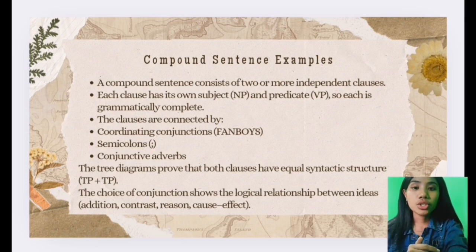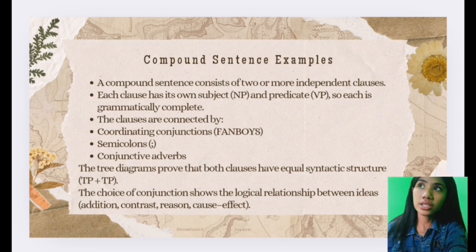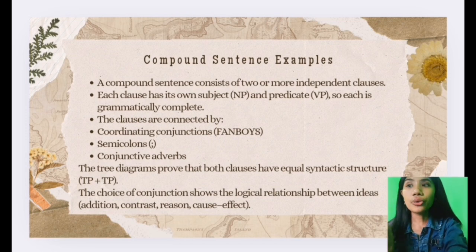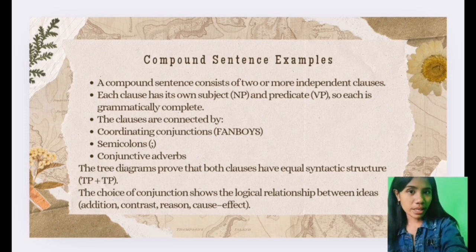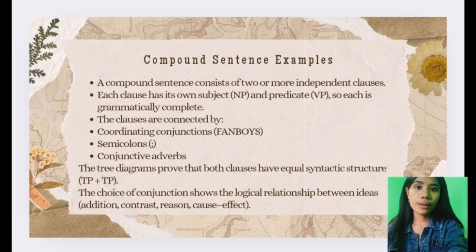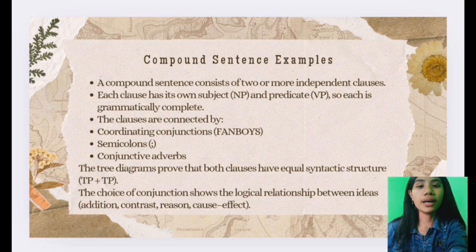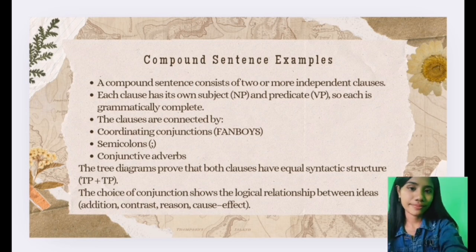The three diagrams show that both clauses have equal syntactic structure, TP plus TP. The choice of conjunction shows the logical relationship between ideas, such as addition, contrast, reason, and cause and effect. So everyone, that's all my material explanation. The next presentation will be delivered by my partner.